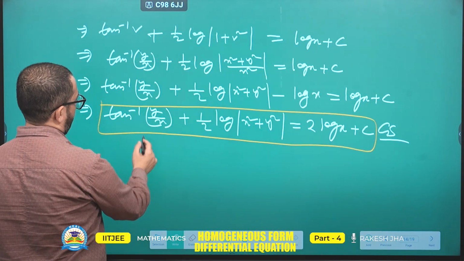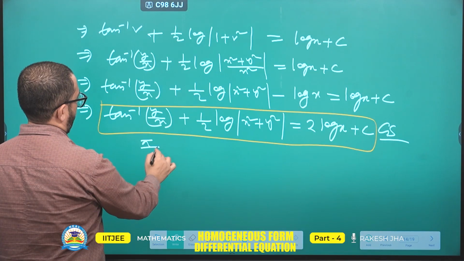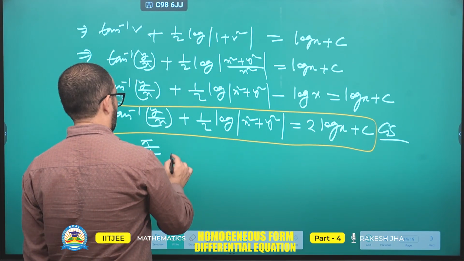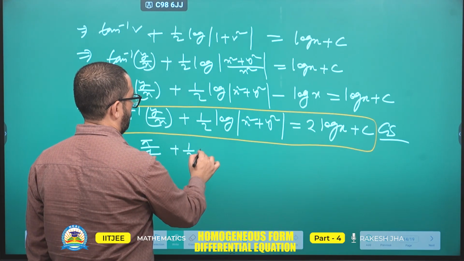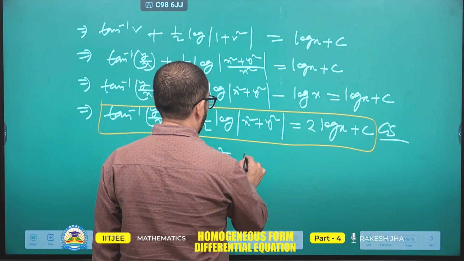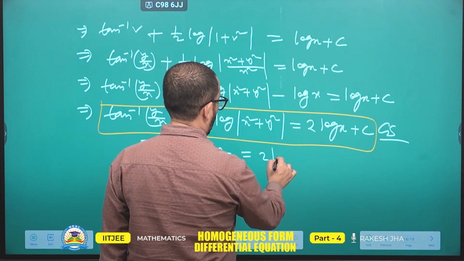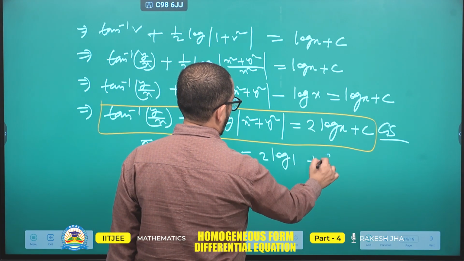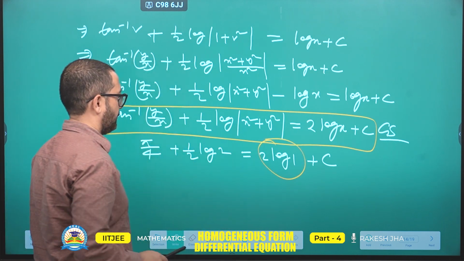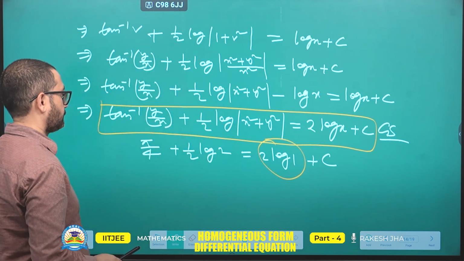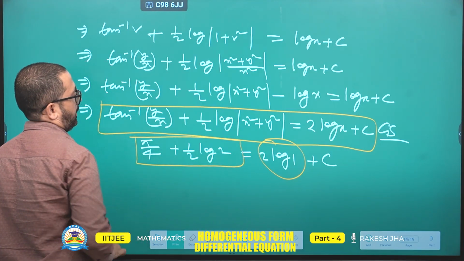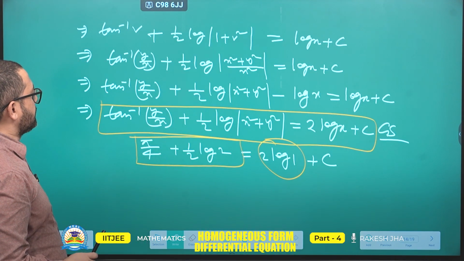It would be tan inverse 1, that is nothing but pi by 4, plus 1 by 2 log 2, is equal to 2 log 1 plus c. Log 1 is nothing but 0, so this portion will become 0. So ultimately we got the value of c as pi by 4 plus half times log 2.